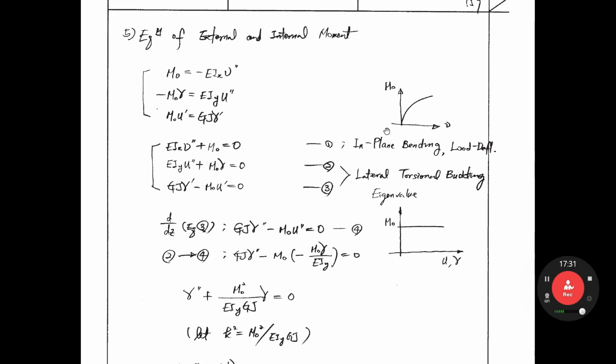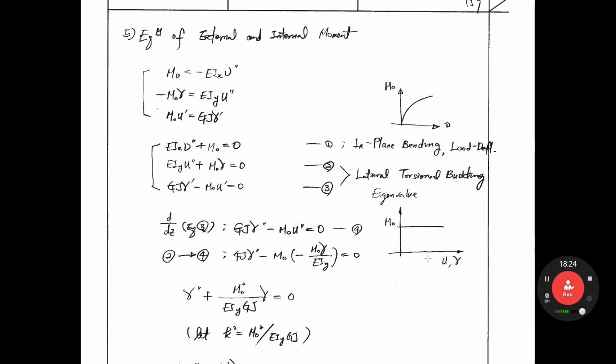If we draw some curve in this problem, if moment increases, then vertical displacement increases because it's a low deflection problem. For lateral torsional buckling, if the moment increases a little bit, there is no deformation regarding u and gamma. It reaches MCR, critical buckling moment. Then it suddenly buckles, and then it has sudden displacement u and gamma. That is an eigenvalue problem or bifurcation problem.